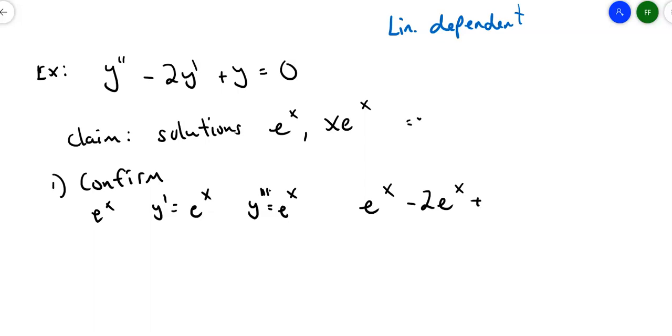These solutions are your y's. And it works. Try it for x e to the x. This gets more complicated because if I start putting in second derivatives, then I'm going to need product rules when I put in those second derivatives. But it turns out it works for that also, right? You'll do it, you'll get a 0 on the other side.